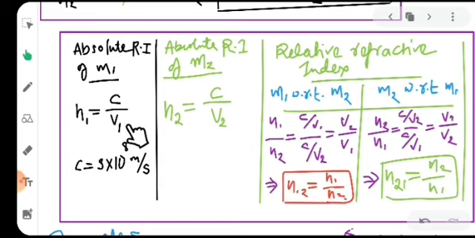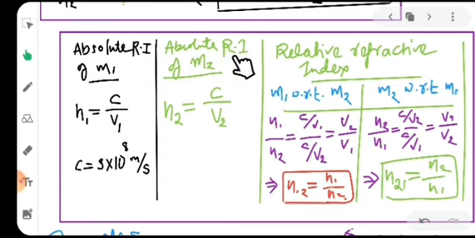So c over v1, and we know the standard value of c is approximately equal to 3 into 10 raised to 8 meters per second. You know this notation is the scientific notation of 3 followed by 8 zeros.